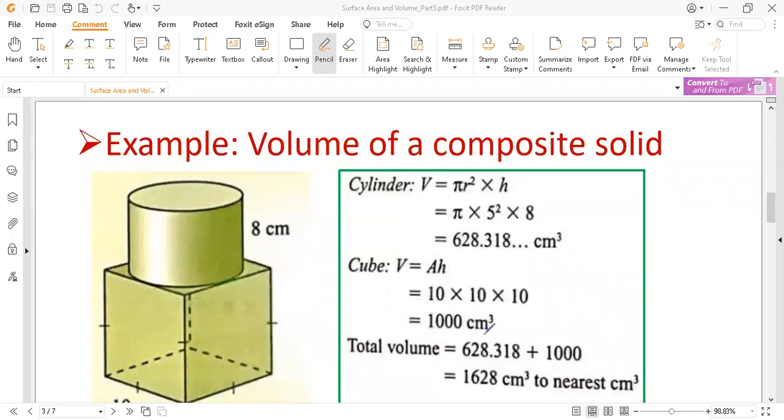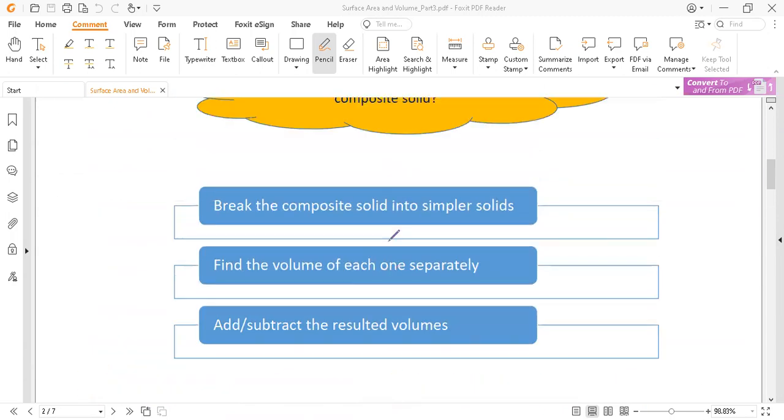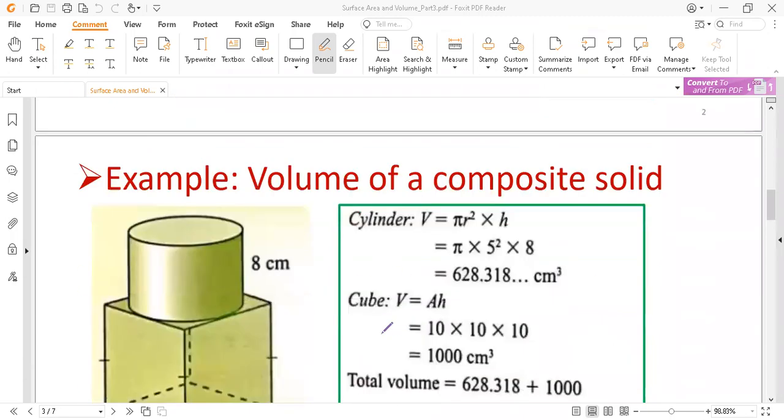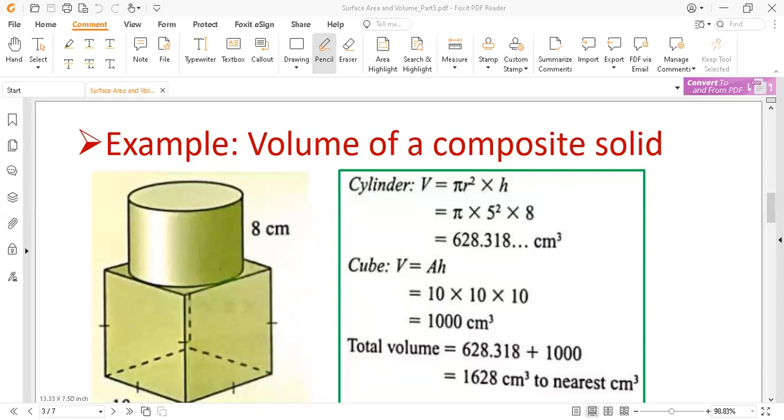We want to illustrate what we described before with a simple example. We have this composite solid. It is not a simple solid because we have a cube, and on the top of it we have a small cylinder.